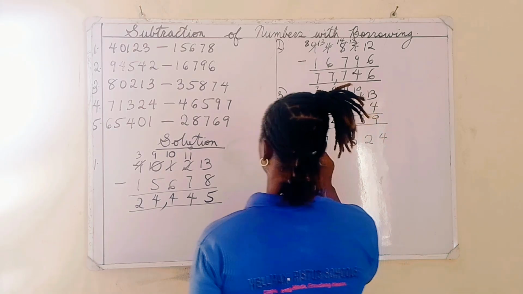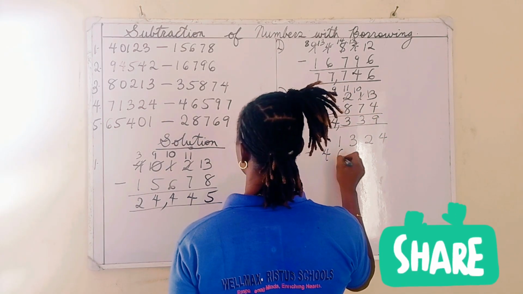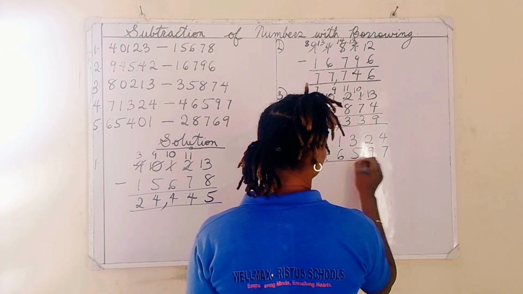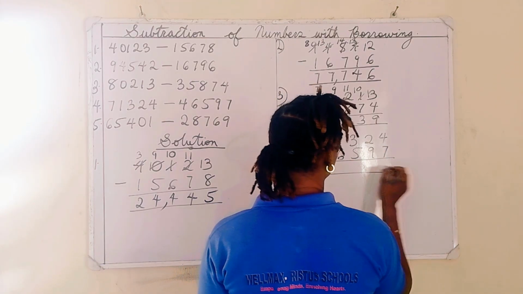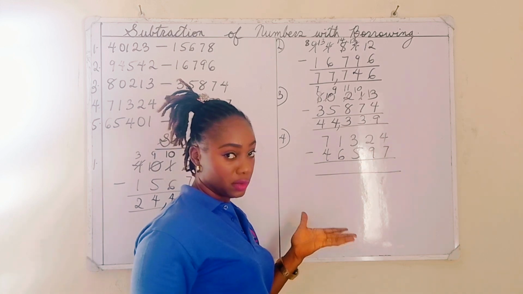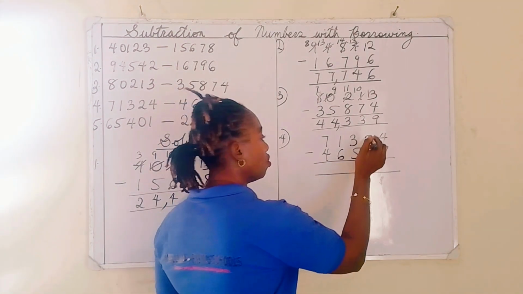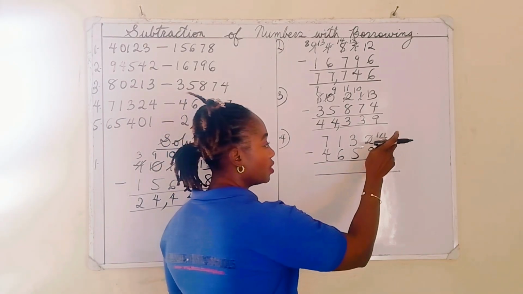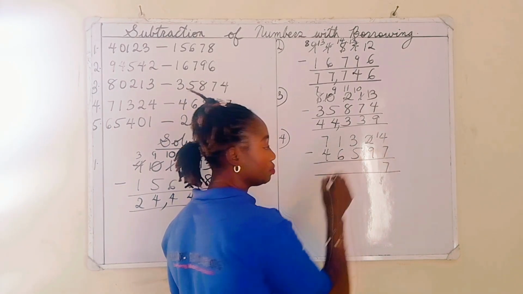71,324 minus 46,597. Okay? 4 take away 7 is impossible. We're going to borrow 1 from 2 here, add it to this to make it 14. 14 take away 7 gives us 7.